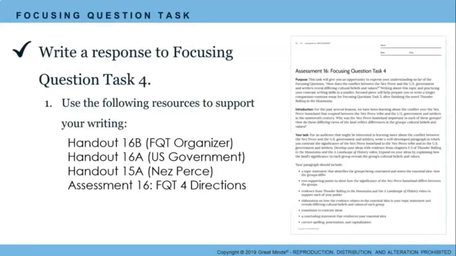So here's what we need, our resources right now. You should have handout 16B, which is your organizer from yesterday. You should have open handout 16A, which is the U.S. government graphic organizer, and then handout 15A, which is the Nez Perce graphic organizer, and then assessment 16, FQT4 direction.